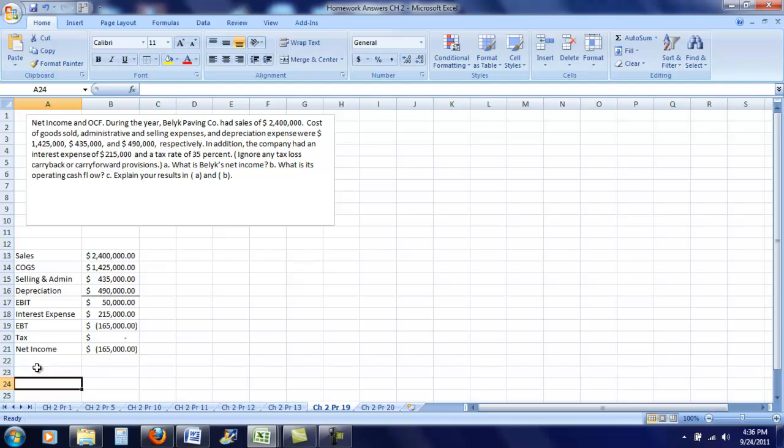Now it asks me for my operating cash flow. Operating cash flow is EBIT plus depreciation minus taxes.